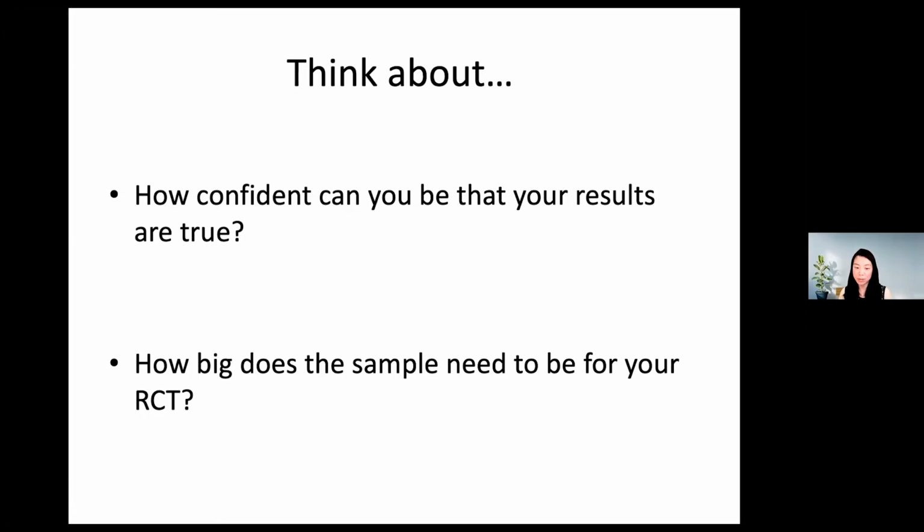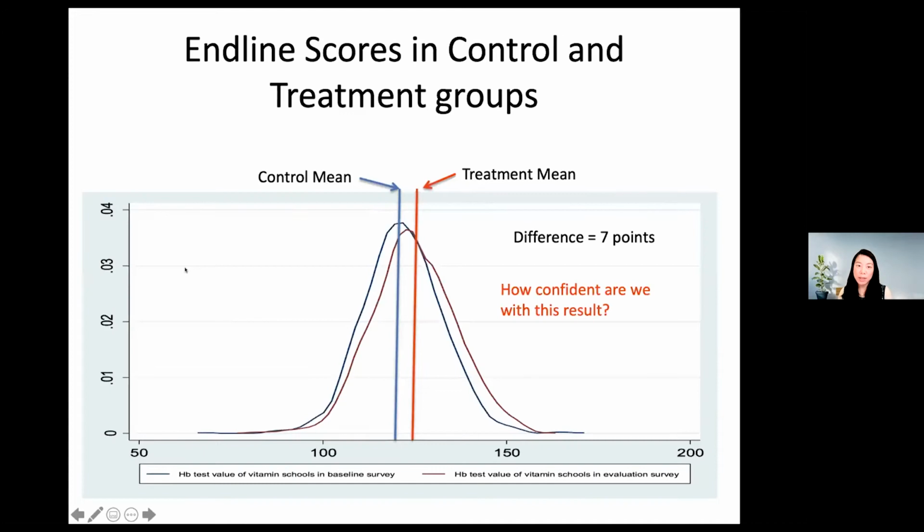So here again, this is going back to the two distributions, which Professor Rosell covered in his session. So for example, this is the hemoglobin level distribution from the control group indicated in blue and the treatment group indicated in red here.